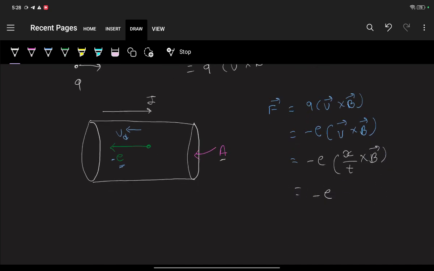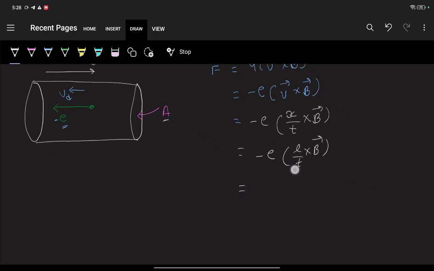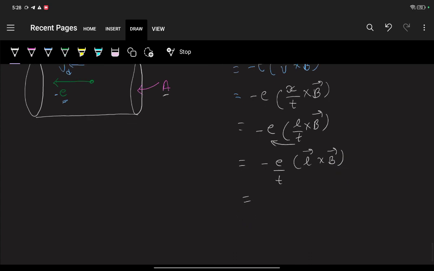Or simply L by t cross B. We have just written x as L. So can we transfer this t to the denominator? Yes, of course. And what is charge per unit time? It is our electric current.